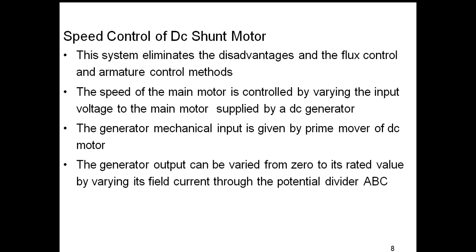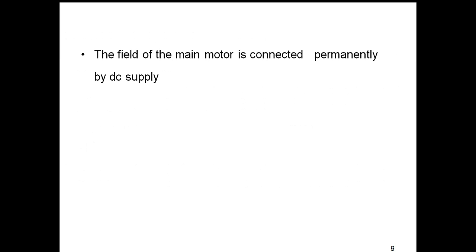The generator output can be varied from 0 to its rated value by varying its field current through the potential divider ABC.